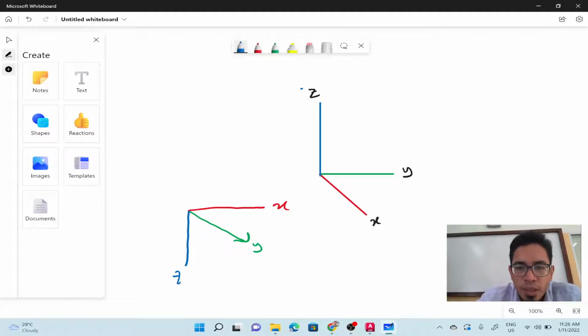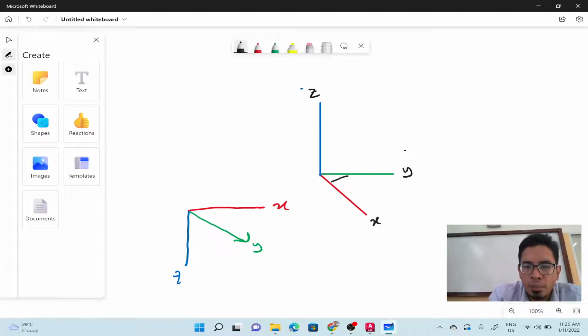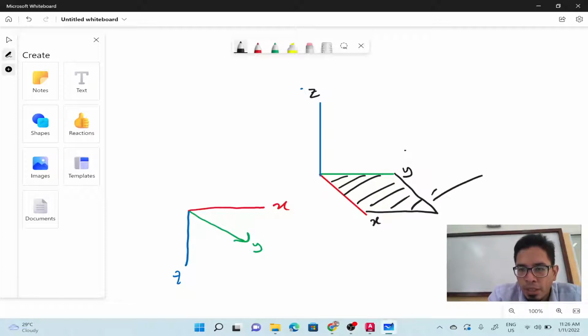UCS is important to understand because it will affect the way you are drawing. I want you to pay attention to the XY plane, or XY axis. When we combine X and Y, we call it a plane.